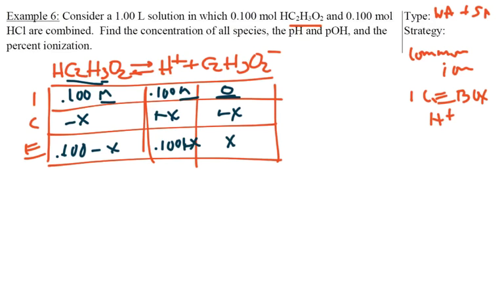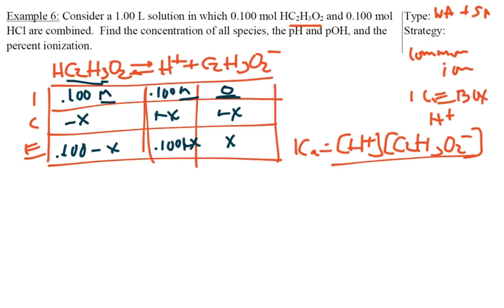Okay, so the K expression here is the concentration of H plus times the concentration of C2H3O2 minus, all over HC2H3O2. And we know that is equal to 1.8 times 10 to the negative 5.